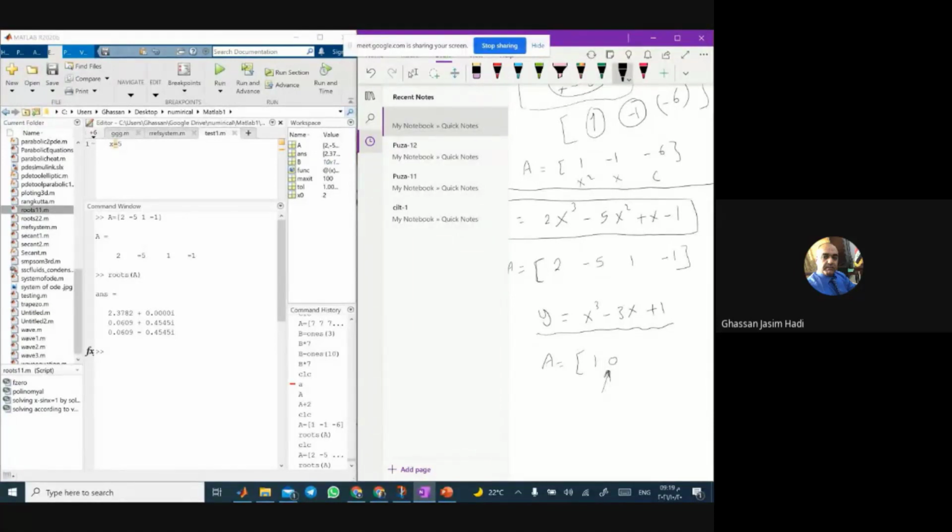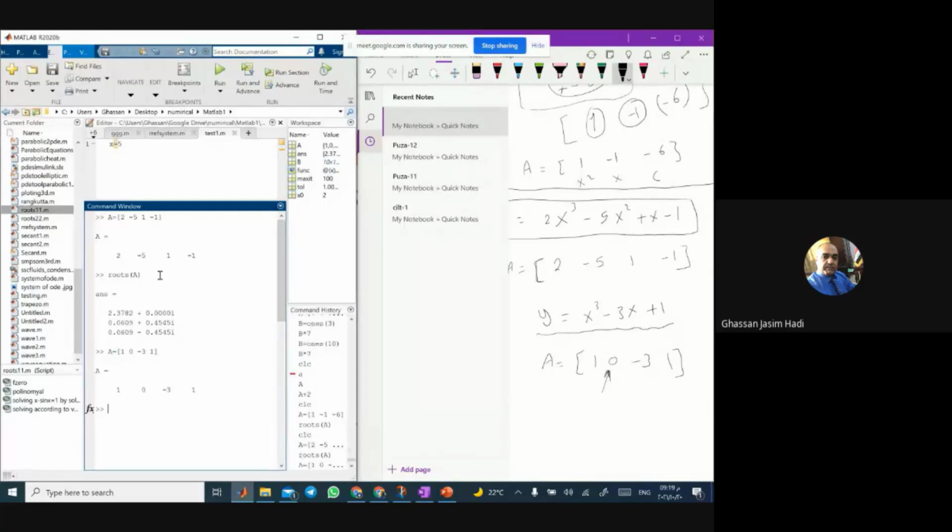The coefficient of x is minus 3. Let's apply this. Let's say A equal 1 space 0 space minus 3 space 1 close, and let's say roots A.